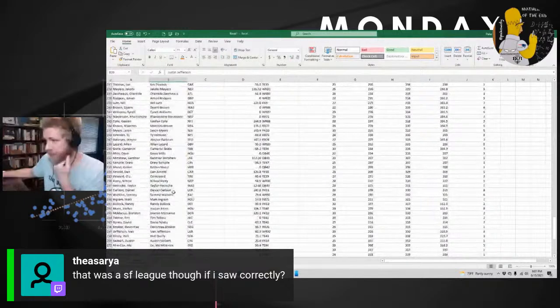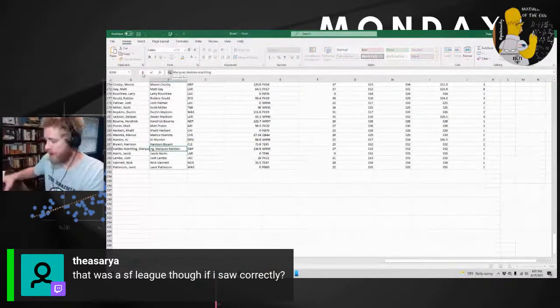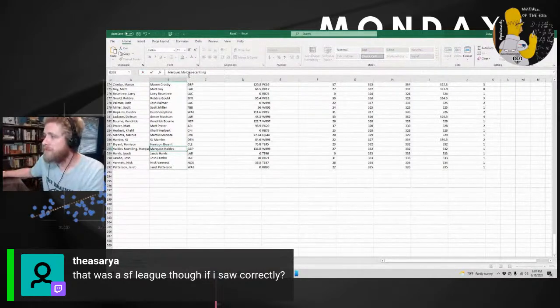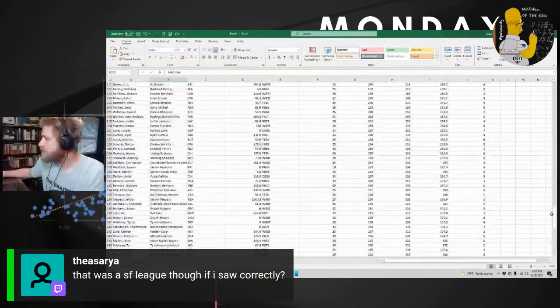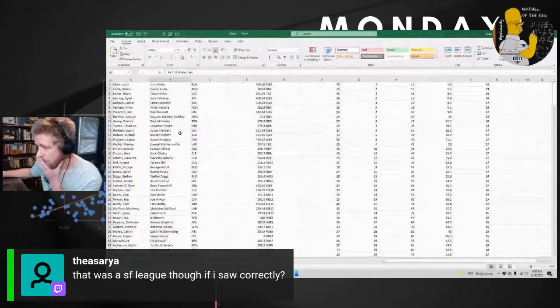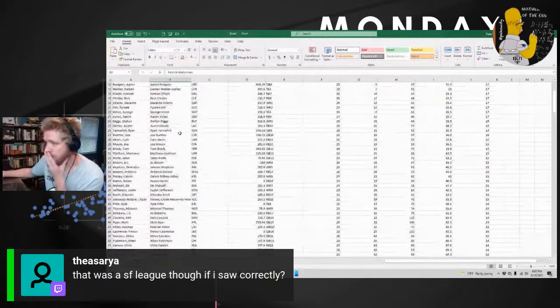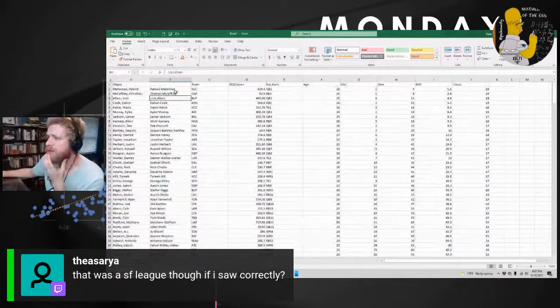Excel's got some neat functions if you can get them to work for you. I mean, nice try. Did I misspell one of those?